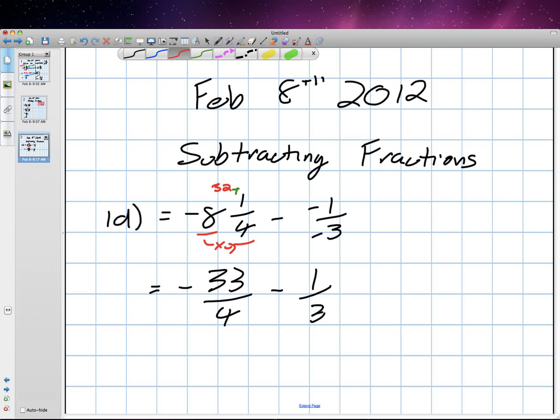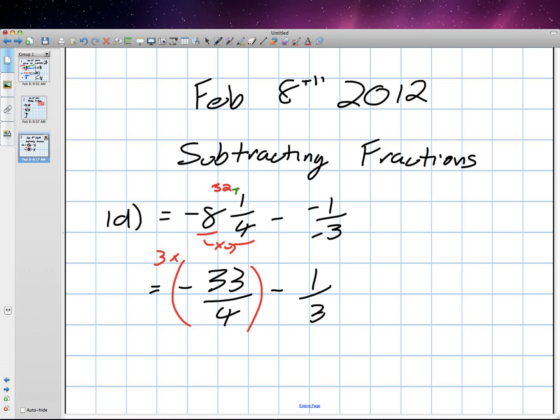So if you're ever stuck, a trick is, you know that if you multiply one fraction by the opposite denominator, so what I'm talking about is if I decide to take this fraction and multiply it by 3, and I take the other fraction and multiply it by 4, the other denominator, I'll end up with common denominators always. It will always work, okay?